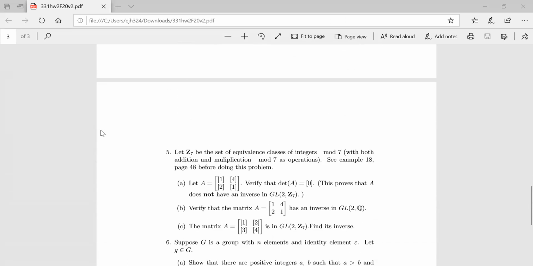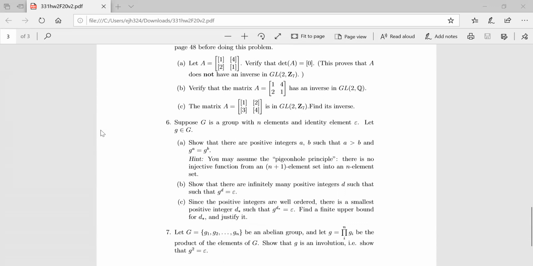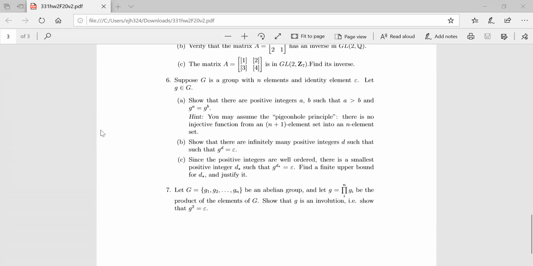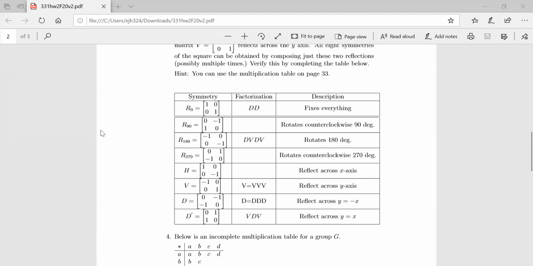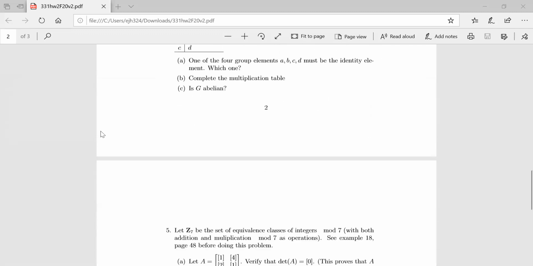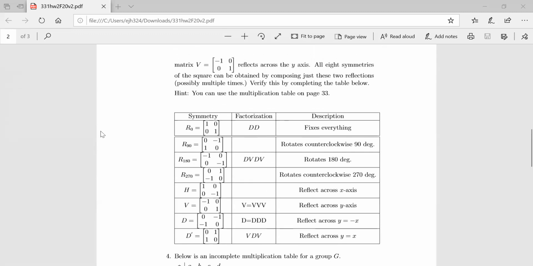Cool. 4 there. 5 I did, right? So yeah, we did all of them. I think I've done all of them except for 3. And like I said, it's just kind of a lot of computations, but it shouldn't be that hard.